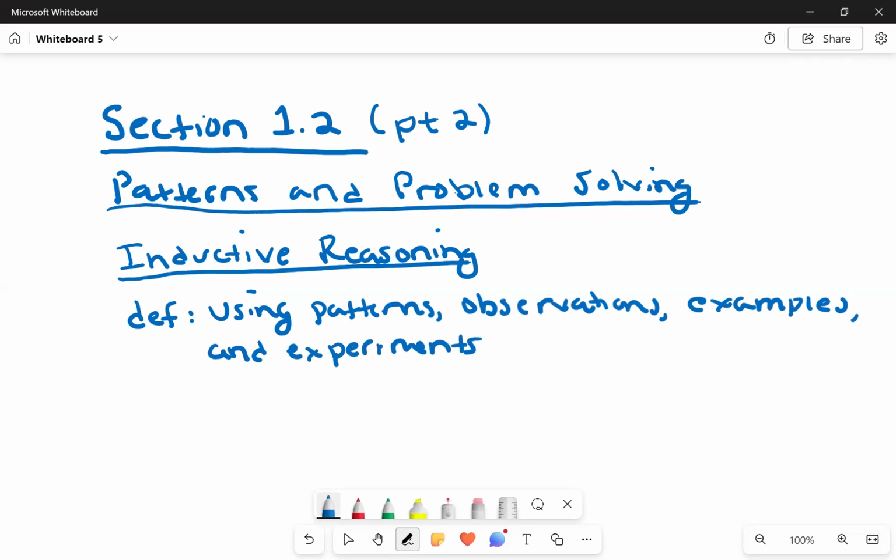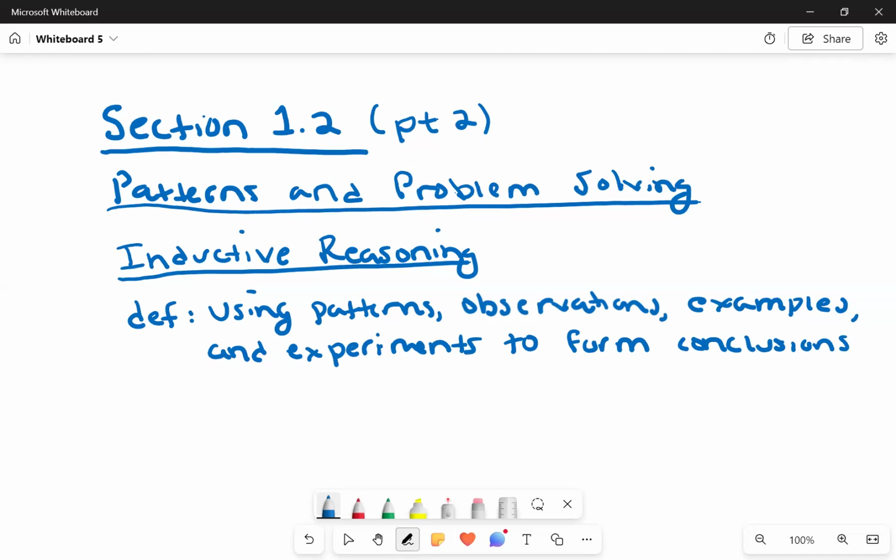And experiments to form conclusions. Now, clearly, we have talked about patterns already in this section, so we'll discuss that when we're looking at inductive reasoning. But examples is also something we'll probably look at because we look at a lot of examples in mathematics. Okay, so to form conclusions.